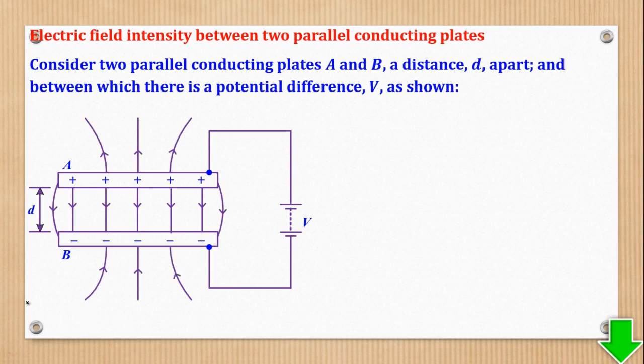So we are following the same rules. Electric intensity moves away from the positive charge but moves towards the negative charge. Then what you should realize is that these lines are straight, but towards the end they are a little curved. So when they tell you to draw an electric field between two parallel plates which are charged, always remember to make these lines towards the end a little curved.